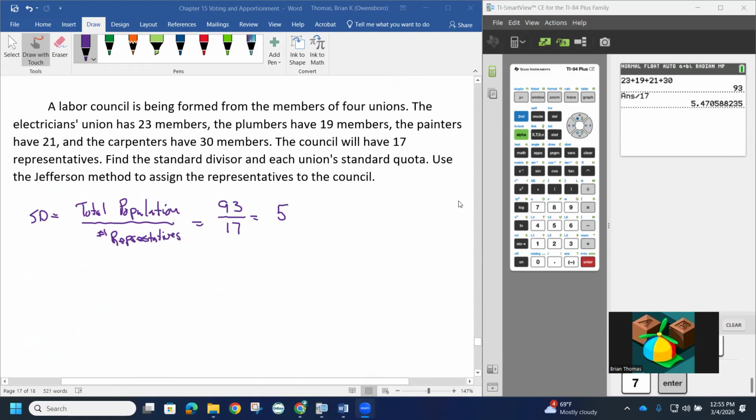If I wanted to keep the standard divisor, it would be a big decimal, approximately 5.47 if I rounded it. Now, what I want to do is a modified divisor to start with, so I want to round it down to a 5.